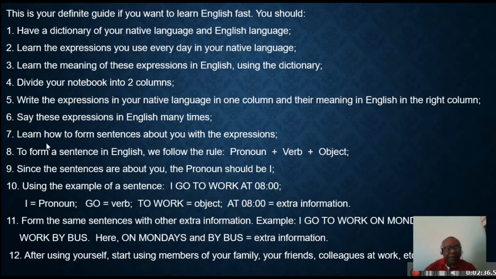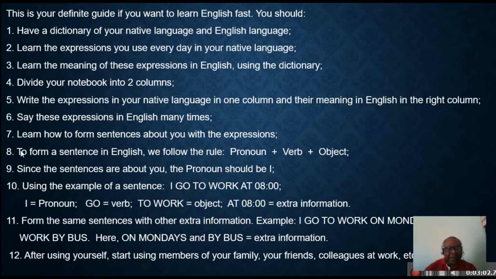Seven, learn how to form sentences about you, or sentences using you as the subject, with the expressions you learned in number six. Using these expressions, use them to make sentences about yourself, using you yourself as the subject.